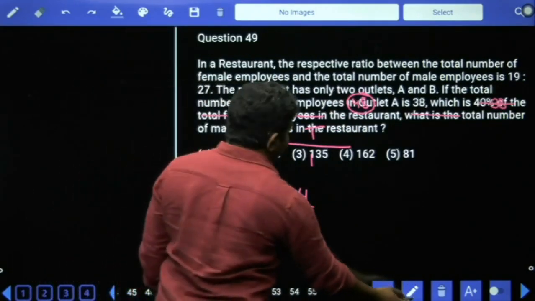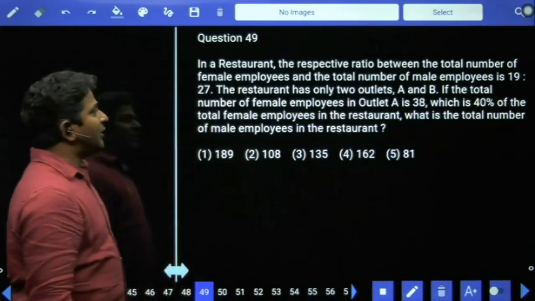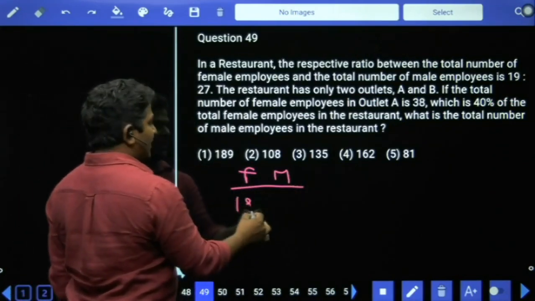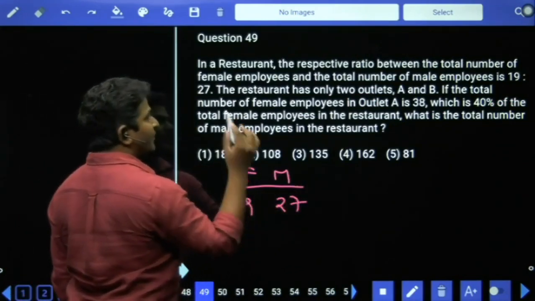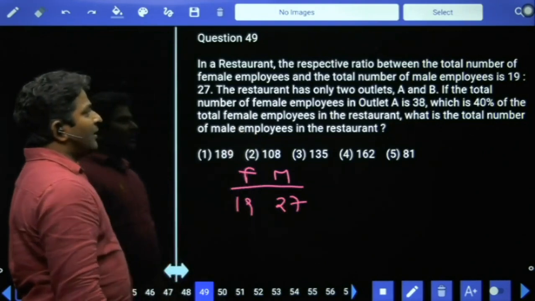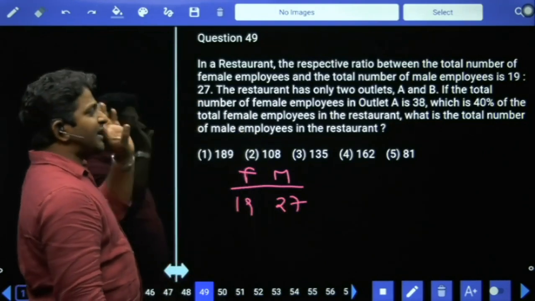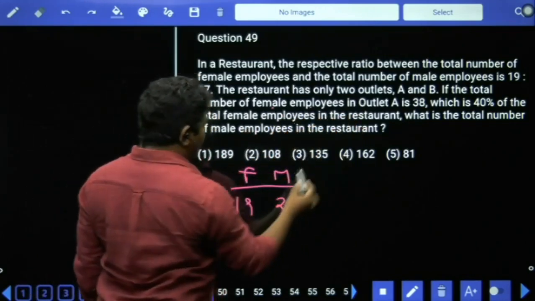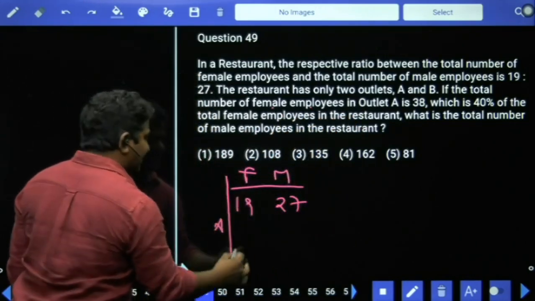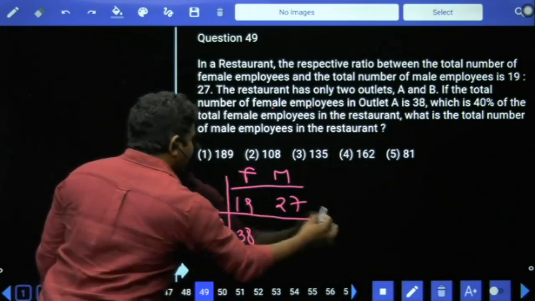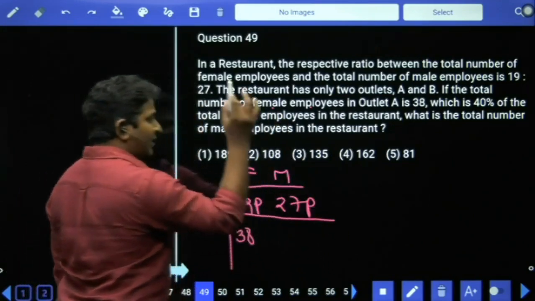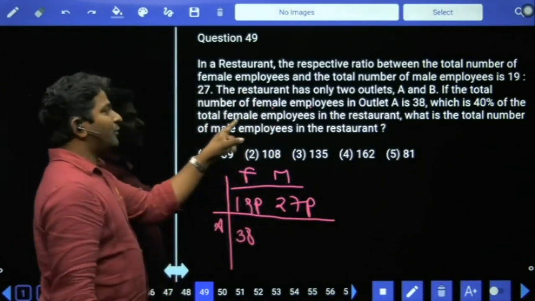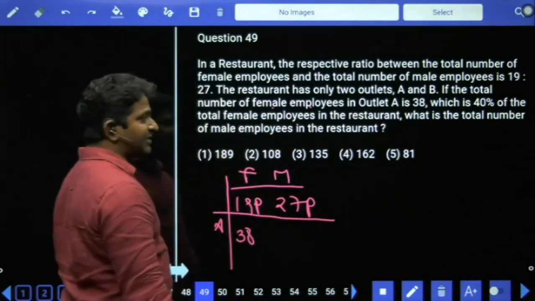In a restaurant, the respective ratio between the total number of female employees and male employees is 19:27. The restaurant has only 2 outlets, A and B. If the total number of female employees in outlet A is 38, this is a ratio, hence you should treat it as parts, which is 40% of total female employees in the restaurant.